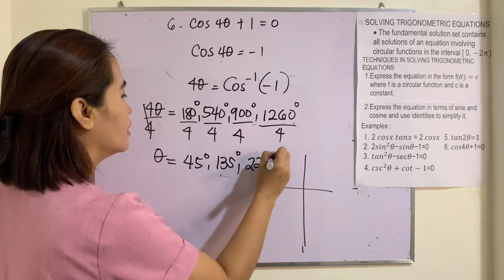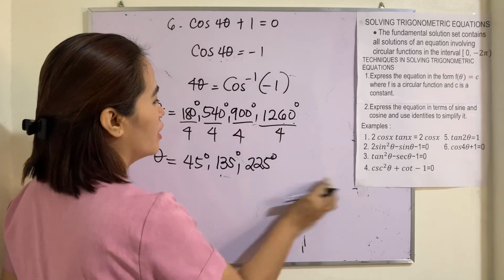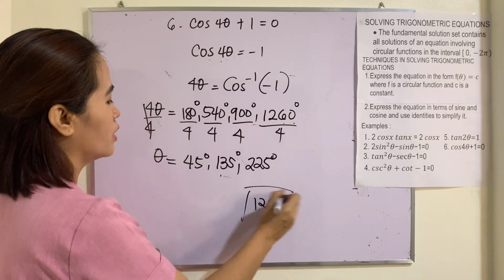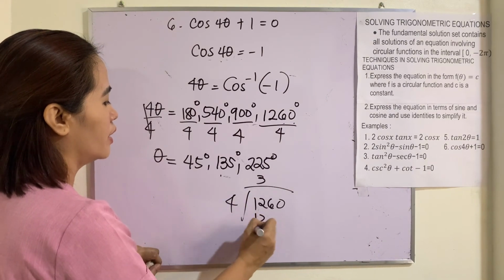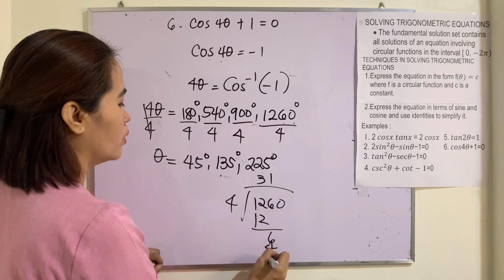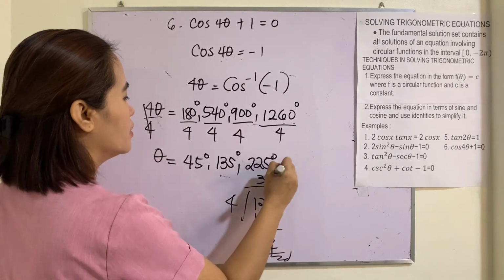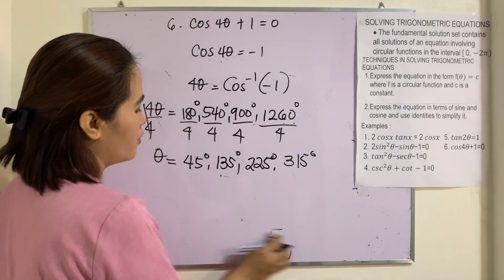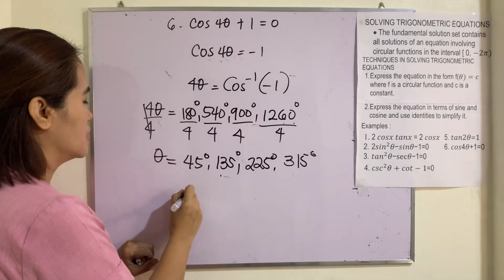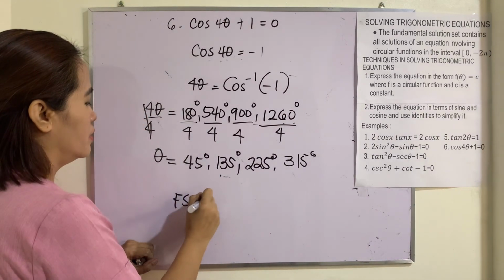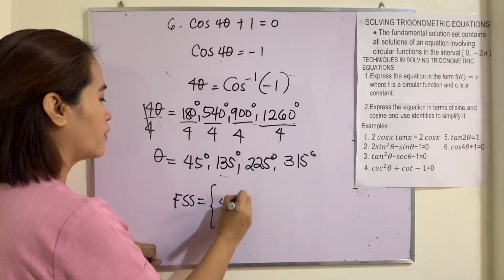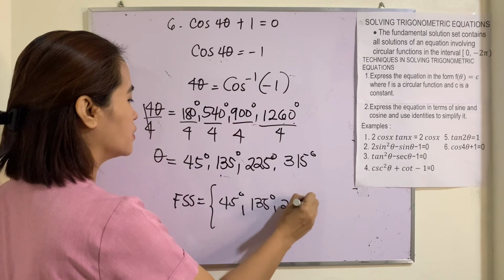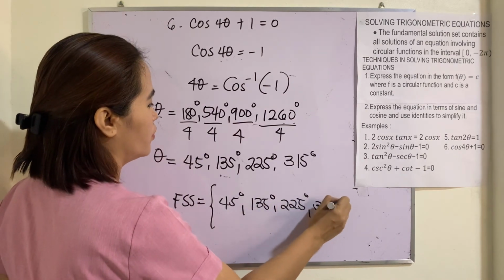And the last one we have 1,260 divided by 4, we have 315 degrees. So therefore, our FSS will be 45, 135, 225, and 315 degrees.